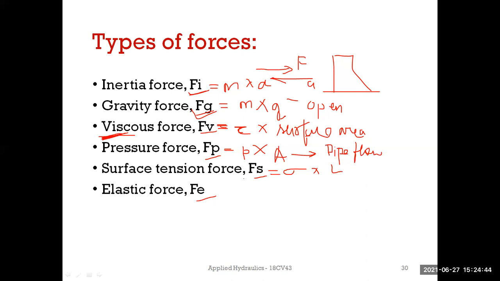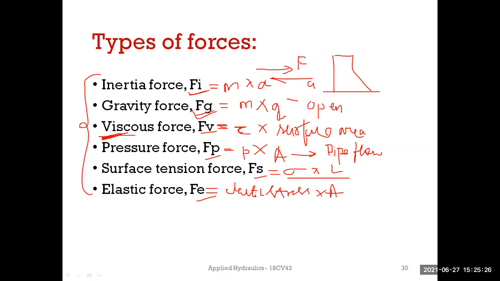Because surface tension force occurs throughout the length of the flowing fluid, surface tension force Fs is equal to sigma into L. And the last type of force which acts on the structure is the elastic force, which is equal to the product of elastic stress into the area of the flowing fluid. So these are the different types of forces which act on the actual structure.